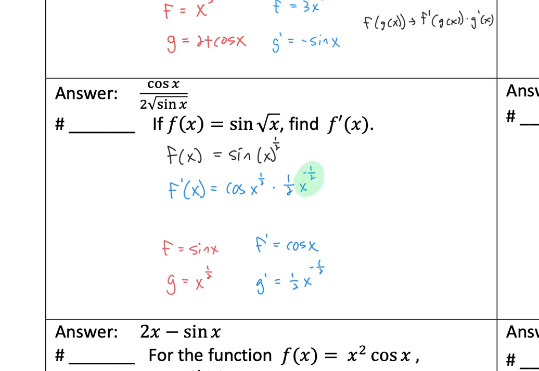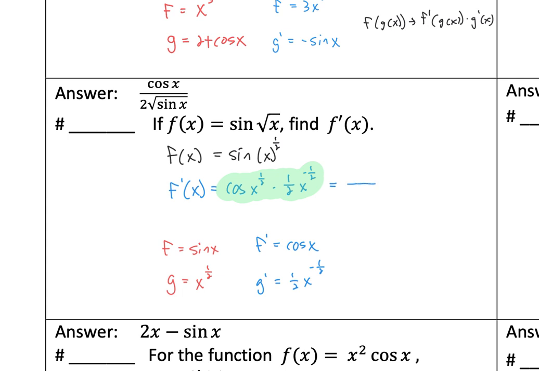Definitely if this was for free response, it would be that. For multiple choice, they'll probably do a couple of things. They'll change this to a root x, and this is 1 over root x, and they'll probably write it all as one fraction. So tell me if this makes sense.